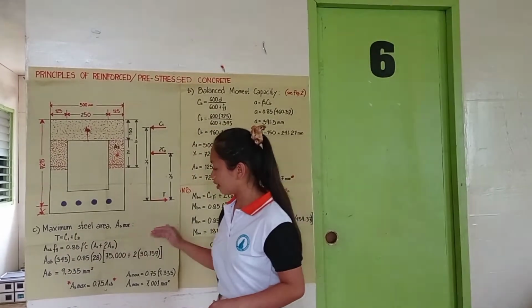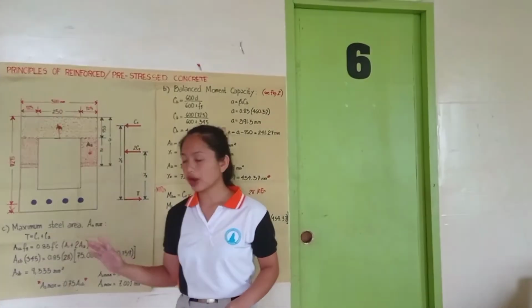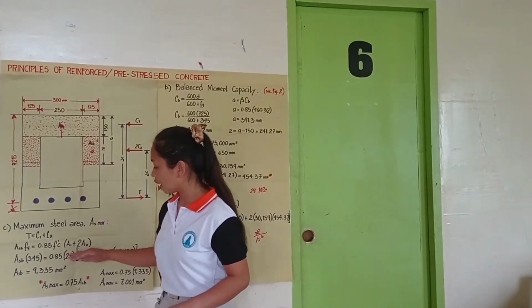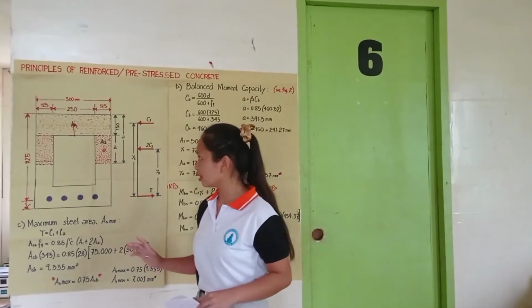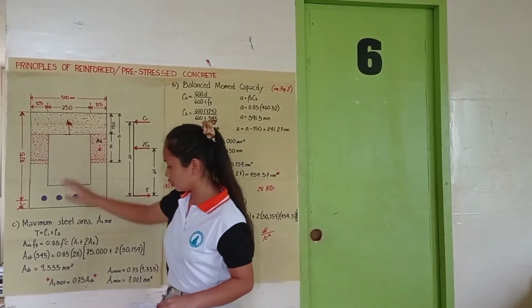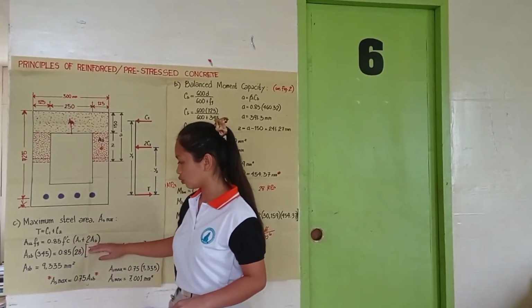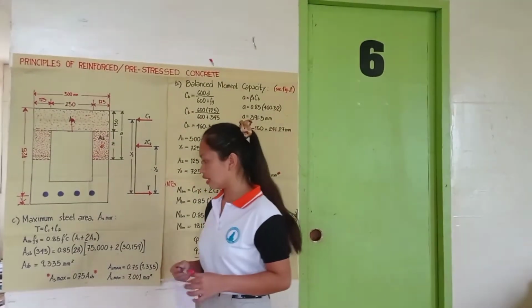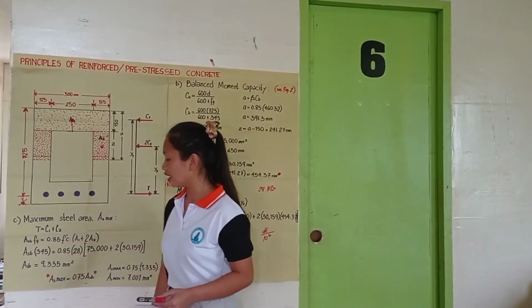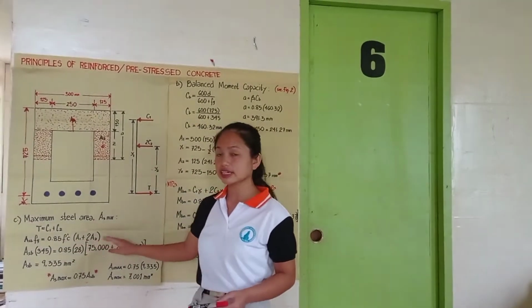So the formula is 0.85 times F prime of C times A1 plus 2A2. As I have explained, there are two areas for A2. That's why that is 2A2. So we will substitute everything for this formula: Fy, F prime of C, A1, and A2.